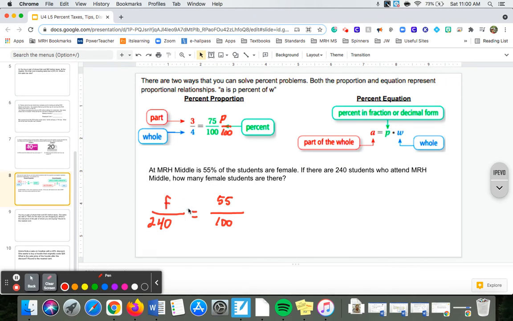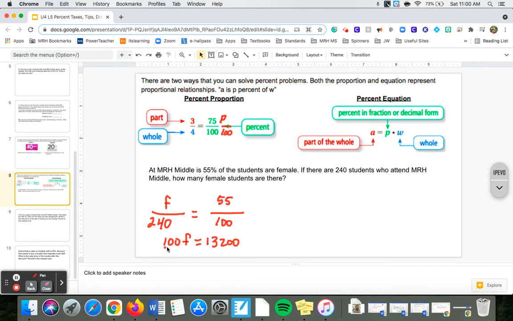Once we set up our proportion, we would cross multiply and divide. F multiplied by 100 is 100F. 240 multiplied by 55, get out my calculator, sorry, is 13,200.